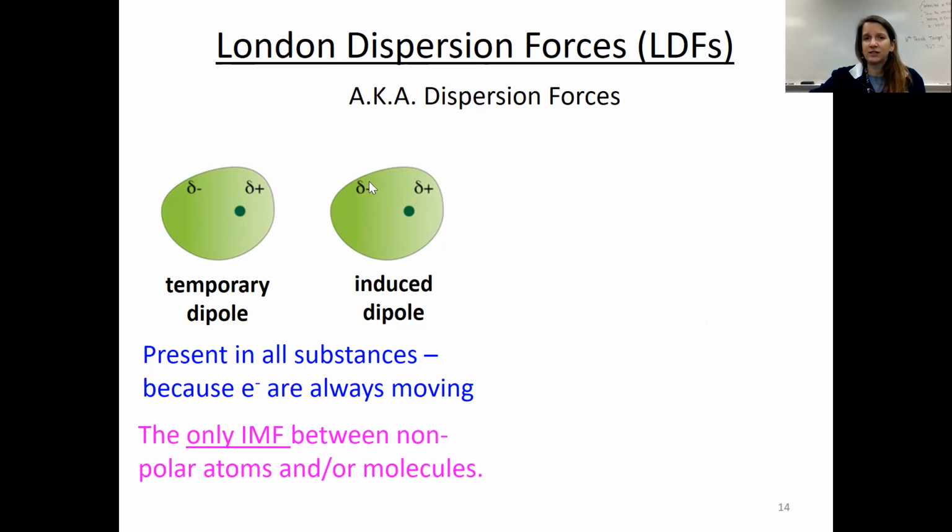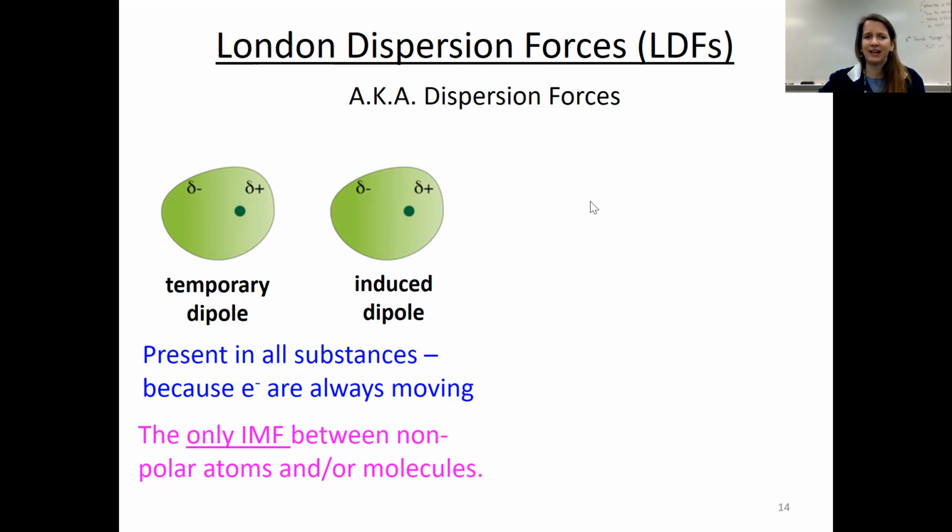And it's going to induce a dipole on that other molecule. And that slightly positive and slightly negative ends of those two nearby molecules are going to slightly attract each other and create a really quick interaction between those two molecules. Before those electrons move, that attraction is broken and attraction is formed to another nearby atom or molecule.